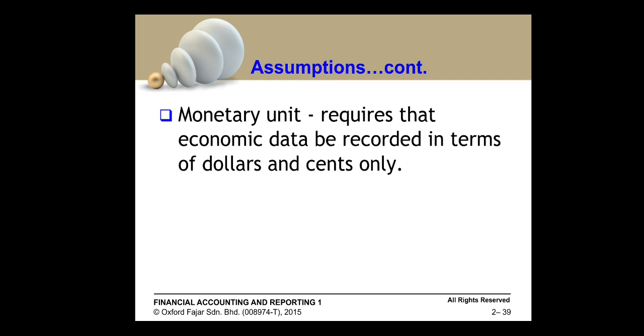So location is an asset, but you cannot record the location as an asset. Why? Because location cannot be expressed in terms of dollar and cents. Building can be recorded. Motor vehicle can be recorded. Machine can be recorded.